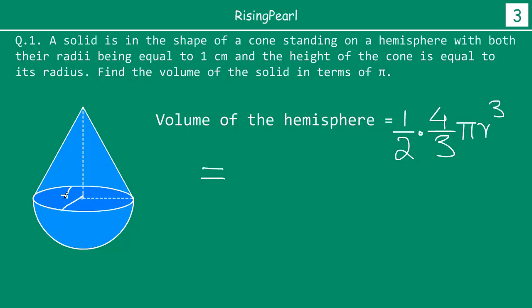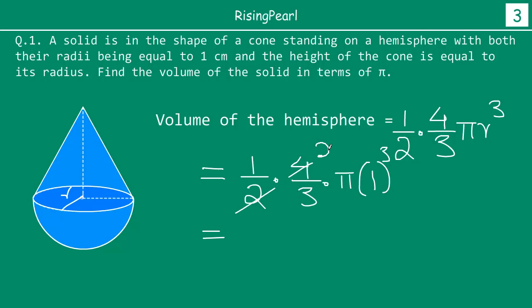So the volume of this hemisphere, the bottom part of the solid, will be 1 by 2 times 4 by 3 times pi, r is 1 cube, so this will cancel out. It will be 2 by 3 pi, and 1 cube is 1. So it will be 2 pi by 3 centimeter cube.